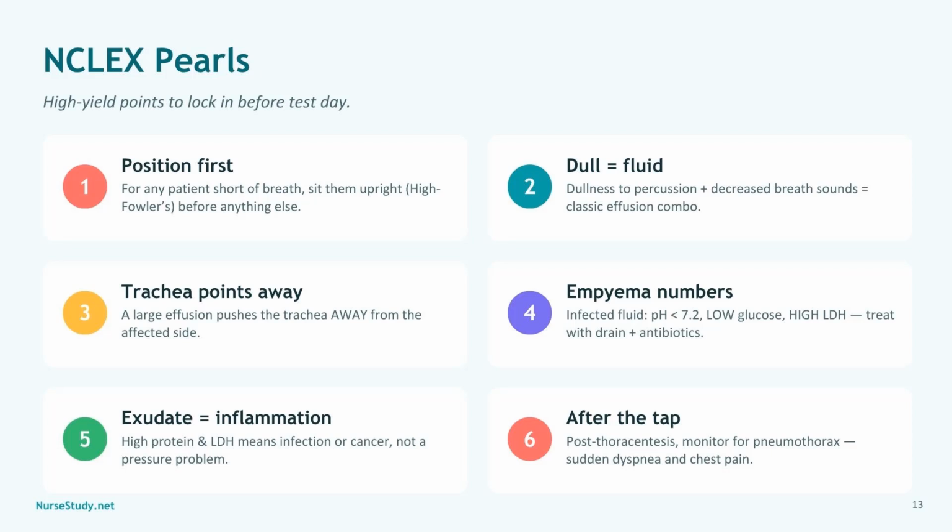Number 4, empyema numbers. pH under 7.2, low glucose, high LDH, treated with a drain and antibiotics. Number 5, exudate equals inflammation. So high protein and LDH point to infection or cancer, not a pressure problem. And number 6, after the tap, watch for pneumothorax.